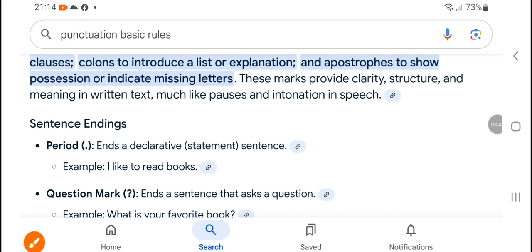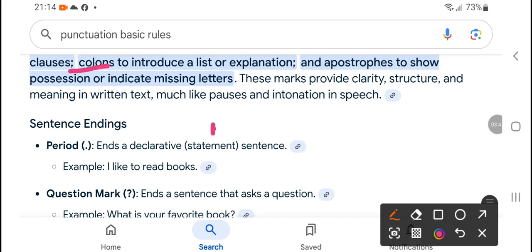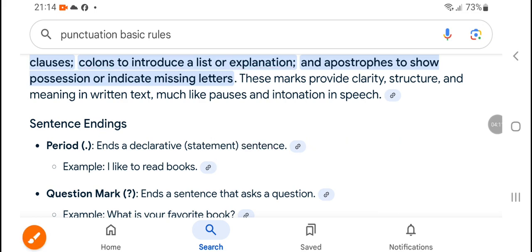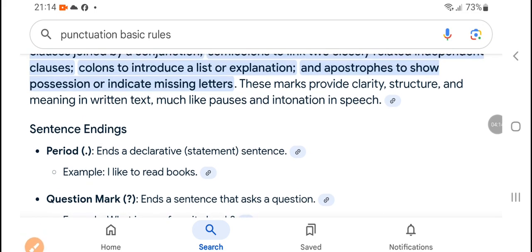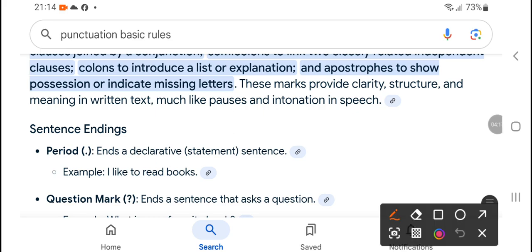And this is the colon, to introduce a list or explanation, right? So that's a list. Suppose an explanation: following points were discussed in the meeting. So when the sentence ends, then the explanation starts, and then the colon is used. And apostrophes show possession, right? Or indicate missing letters, right?